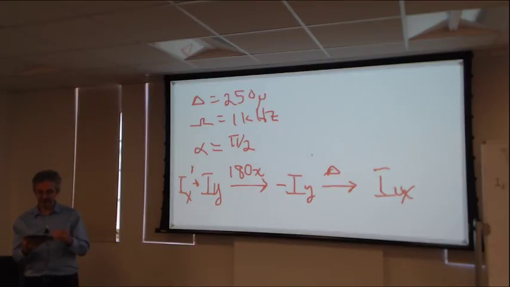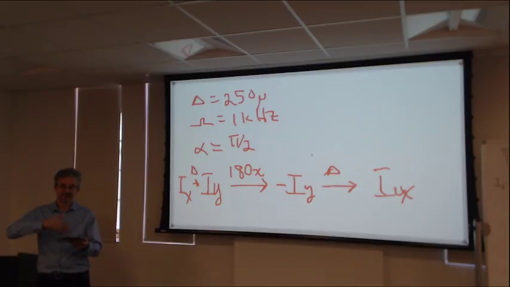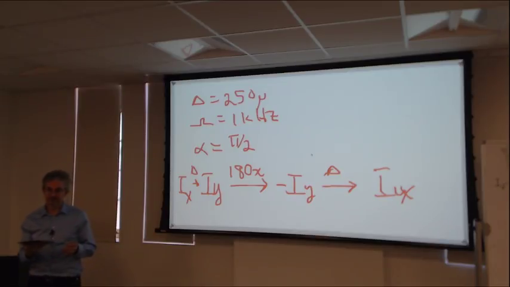During the first period delta, it rotated to the y-axis. The 180-degree pulse flipped it over to the minus y-axis, and then it rotated back to the plus x-axis. So we could draw a little picture of that series.